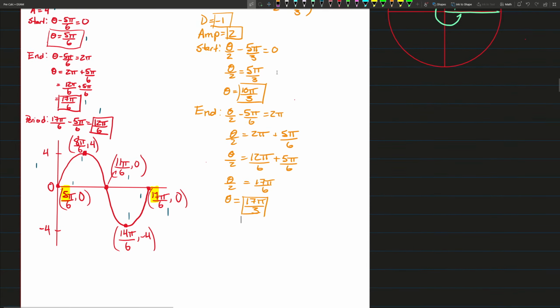And then we still find the period. So we subtract the start from the end. This is going to be a little bit awkward, just because it's an odd number.